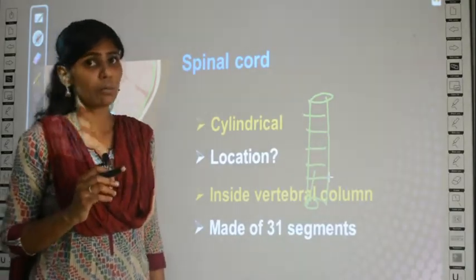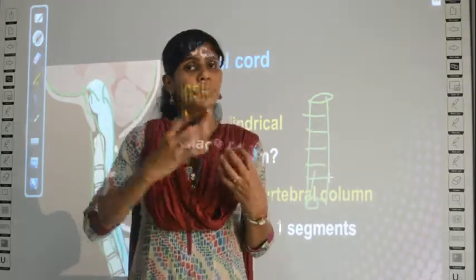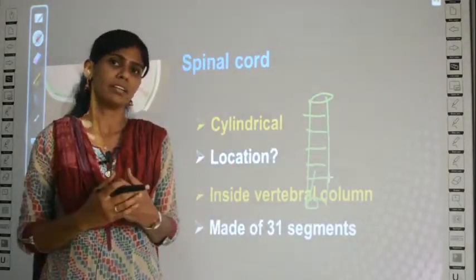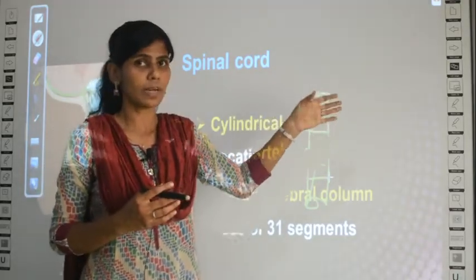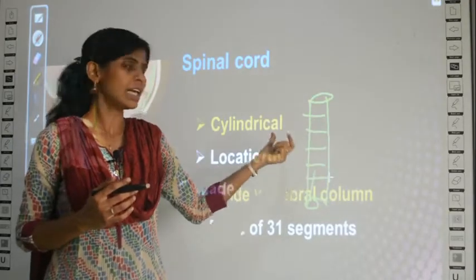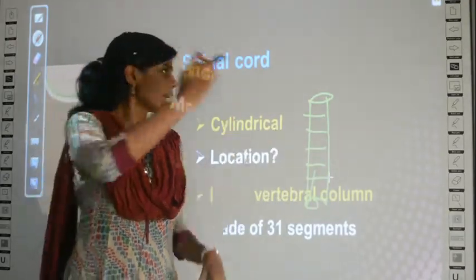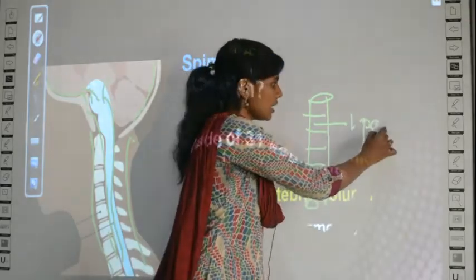We have studied about cranial nerves, no? It is connected to a portion of the brain. Similarly, the nerves which connect the spinal cord to the brain are named cranial nerves. Here one segment is connected to one pair of cranial nerves.